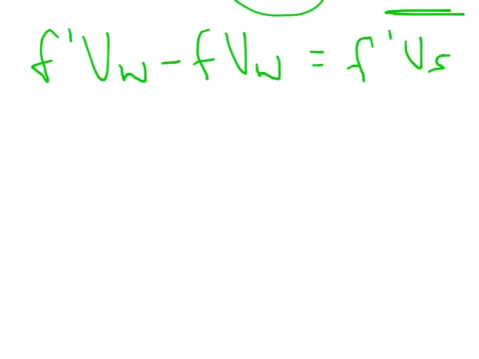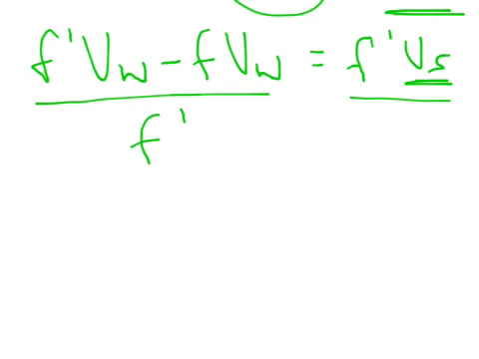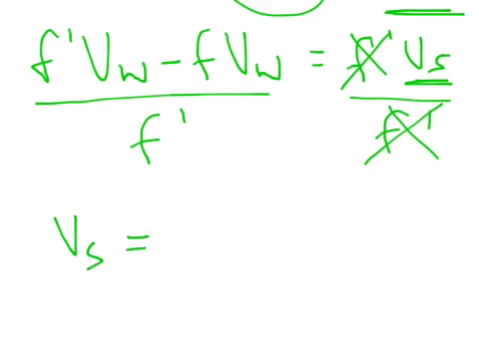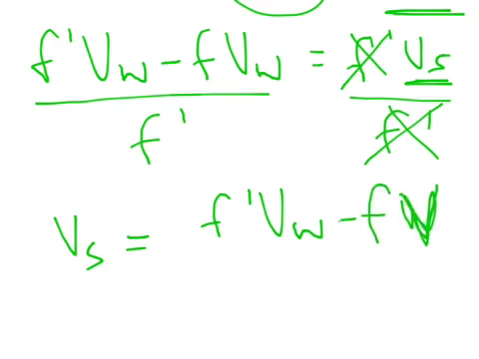Now remember we're trying to get Vs by itself, so we can divide both sides by F dash and see what we get. F dash cancels there, so we end up with the velocity of the source equals F dash velocity of the wave minus F velocity of the wave, divided by F dash.